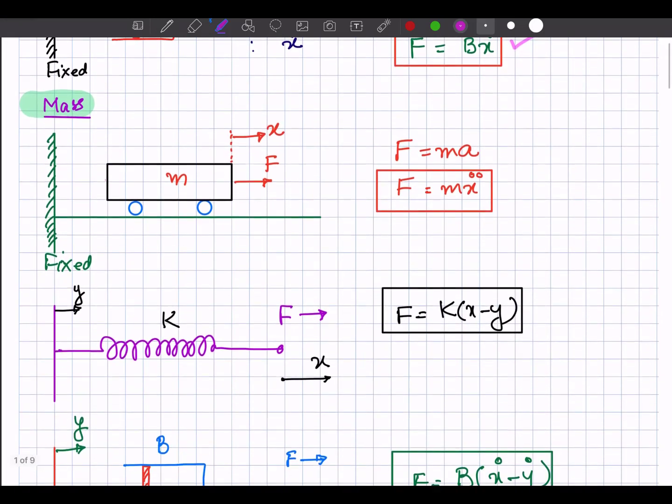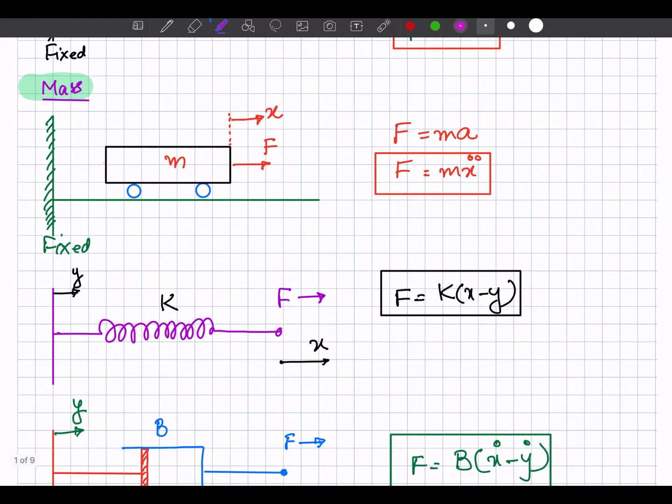Now let's consider a mass which is movable by applying the force.